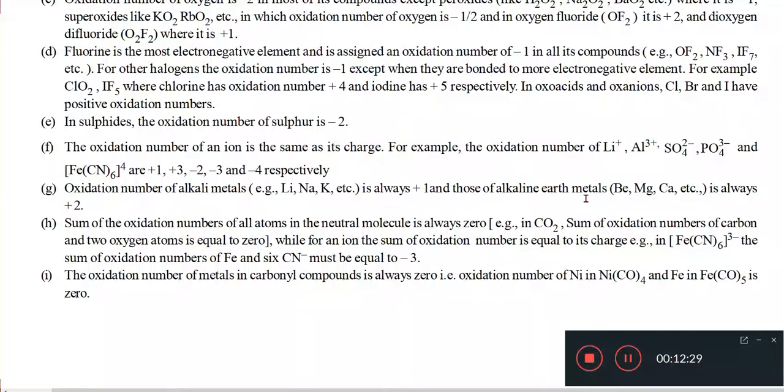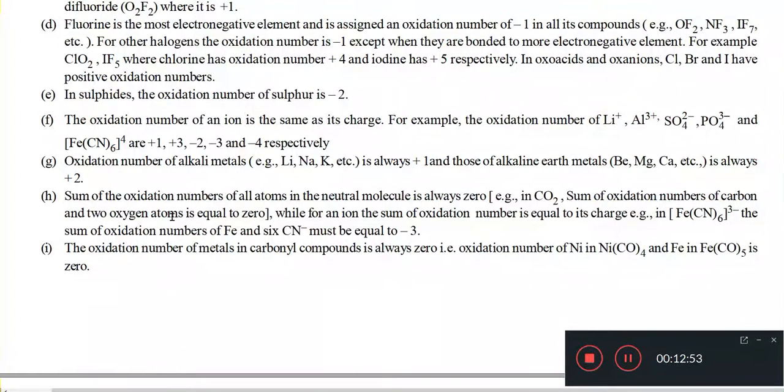Alkaline earth metals are beryllium, magnesium, calcium, strontium, barium. Alkali metals are present in the first group of the periodic table, and the second group is called alkaline earth metals.